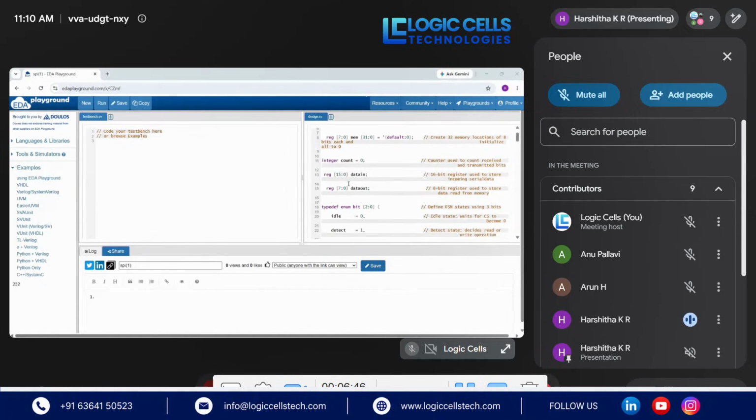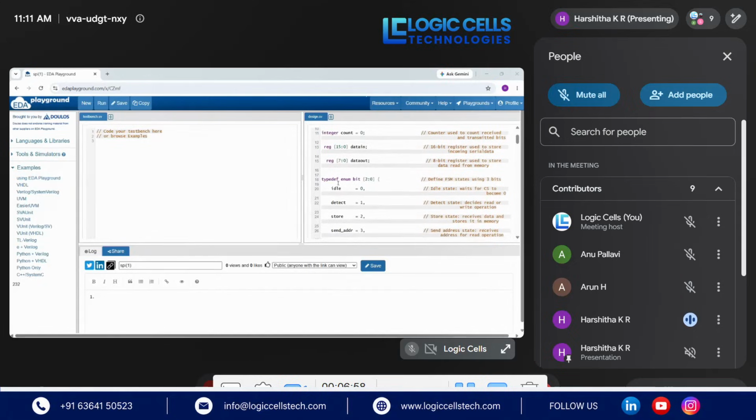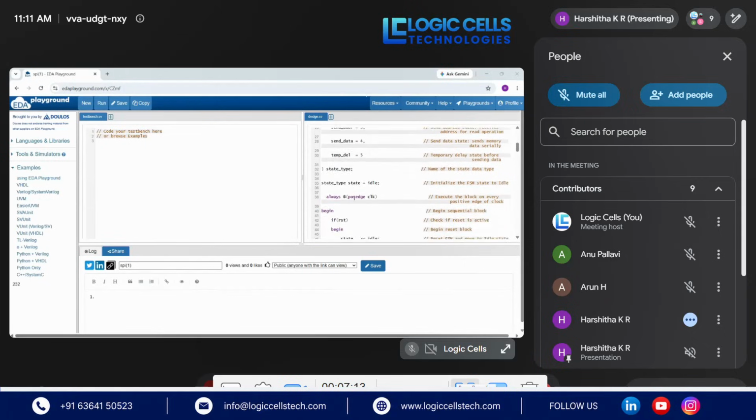Data in is a 16-bit register, and it is used to store the temporarily incoming data, and data out is an 8-bit register, and it is used to store the transfer data through MOSI. Typedef enum bit is used to create the different states of the FSM, and in the FSM we have 6 states.